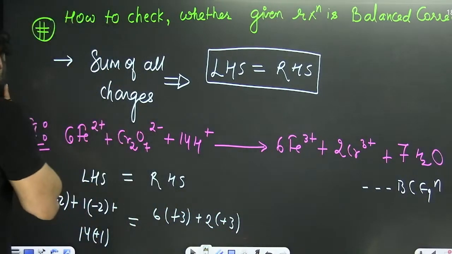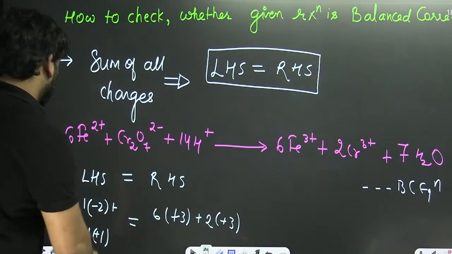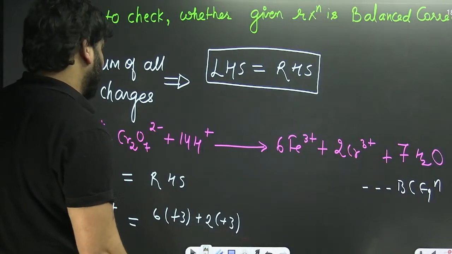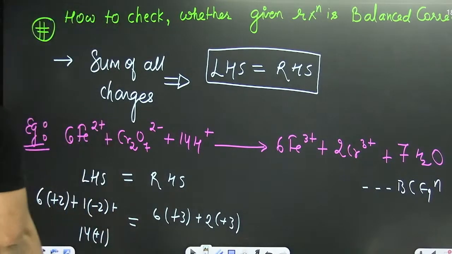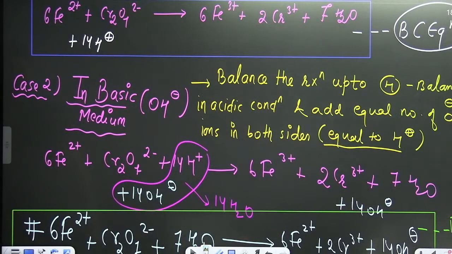So this has become what? 12 plus 14 minus 2 is coming as 24.